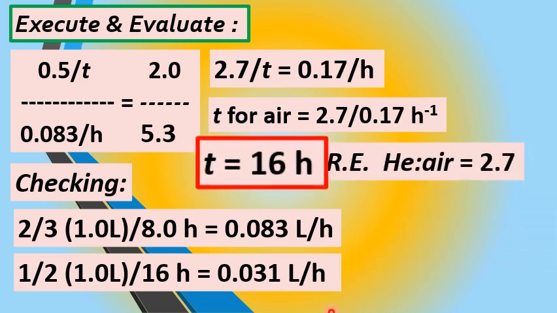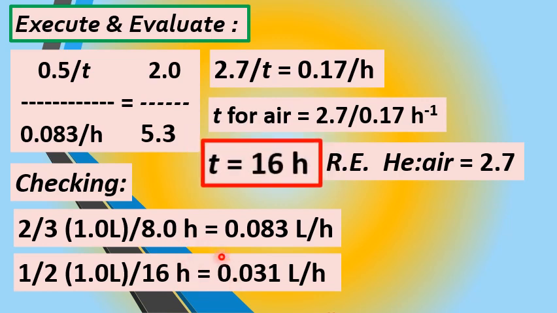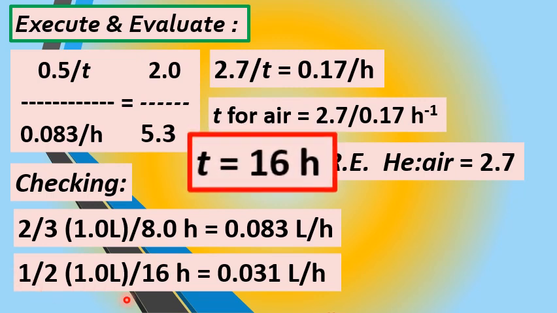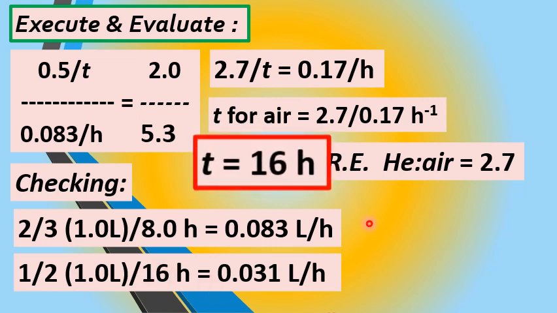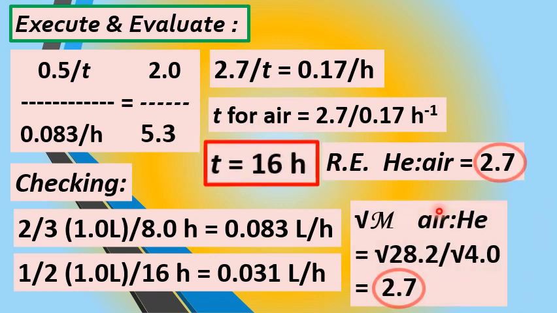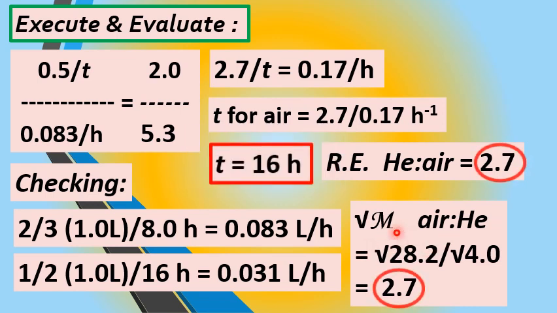So that gives us the ratio for the rate of effusion of helium to that of air, by dividing 0.083 liters per hour by 0.031 liters per hour, that gives us the ratio 2.7. Likewise, we also get the ratio of the square root of the molar mass of air to that of helium.